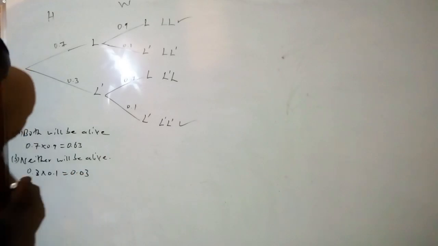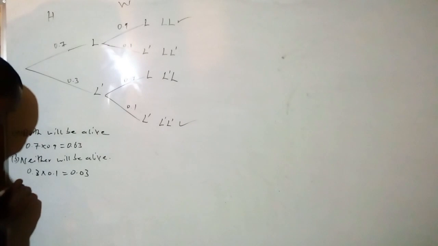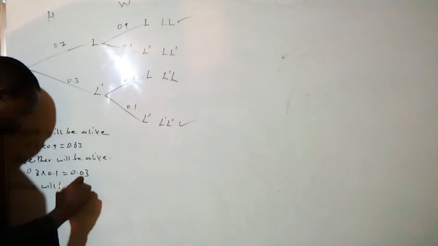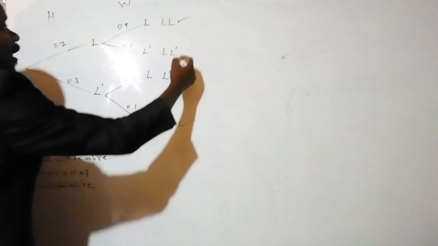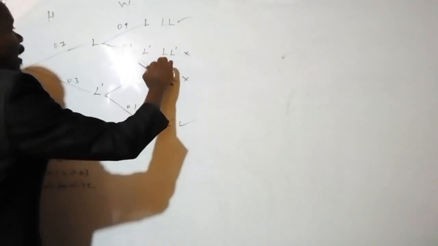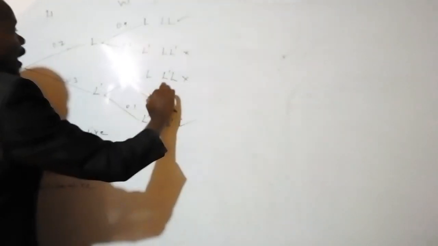C, one will be alive. It's either this or this. Husband alive, wife not alive. Husband not alive, woman alive.